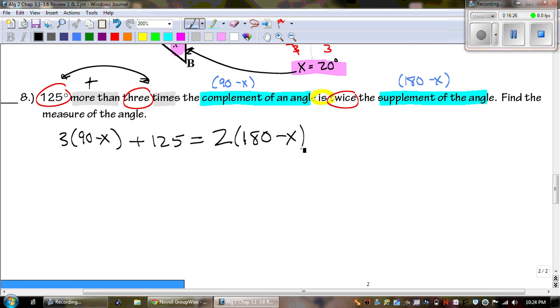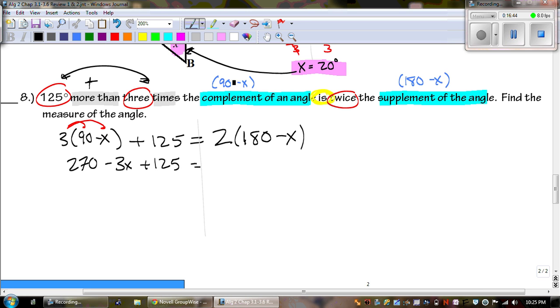Okay, and guess what we do now? That's right, we solve. So on the left-hand side, we can distribute. 3 times 90 is 270, and 3 times x is 3x.